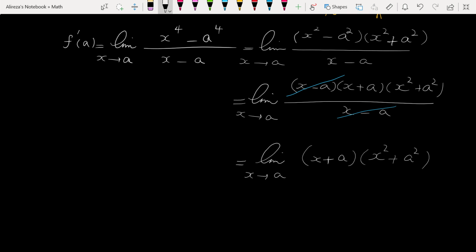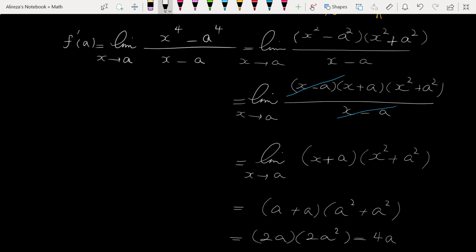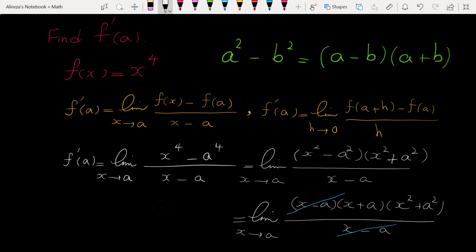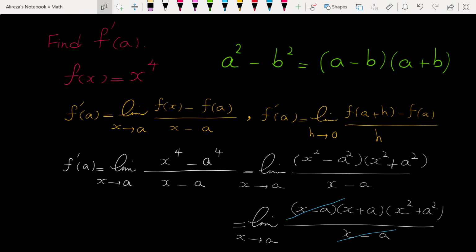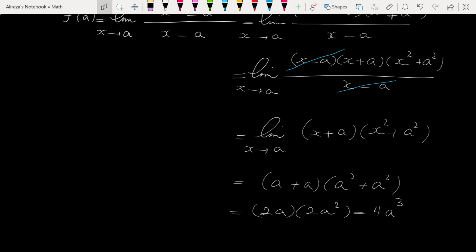If you plug in a for x, the limit would be a plus a times a to the 2 plus a to the 2. 2a times 2a to the 2 would be 4a to the power of 3. So the derivative of the function f of x equals x to the 4 at point a is 4a to the power of 3.